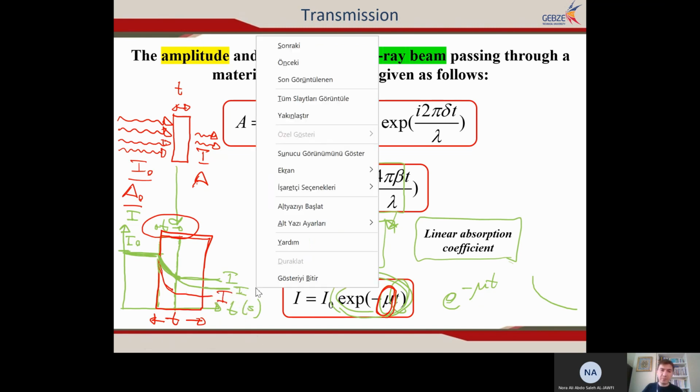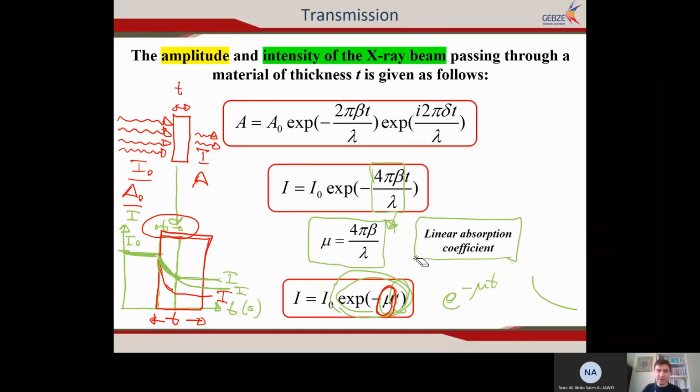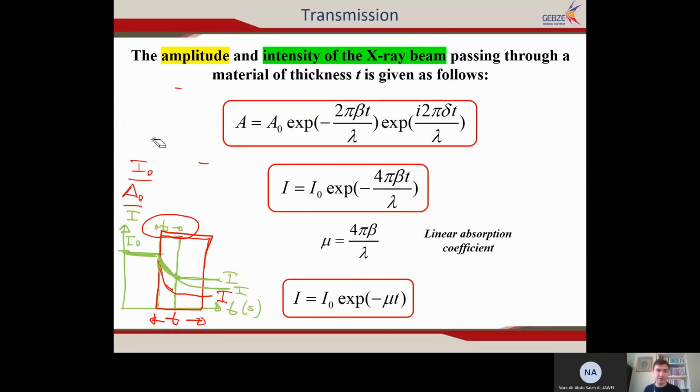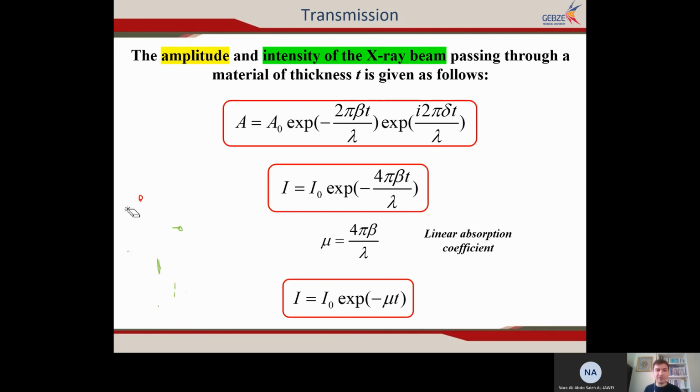This term is very important in transmission experiments. Within the forthcoming parts of this course, this relation will be very useful, and please always keep this formula in your mind: final intensity is equal to initial intensity times e to the power of minus mu T. In some books, instead of T for thickness, you can see D. So you can see I0 e to the power of minus mu D, or I0 e to the power of minus mu x.